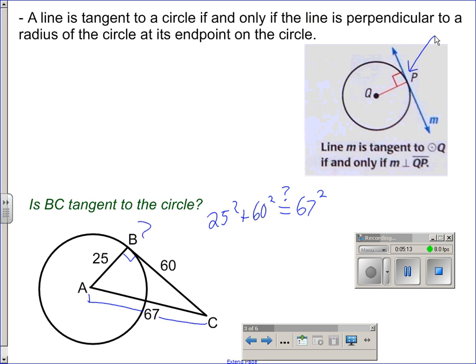The question is, is that a right angle? So you do 25 squared. You add that to 60 squared. You get 4,225. You do 67 squared. 7, carry the 1, 4,489. Those are not equal. So this is not a right angle, which means BC is not a tangent.